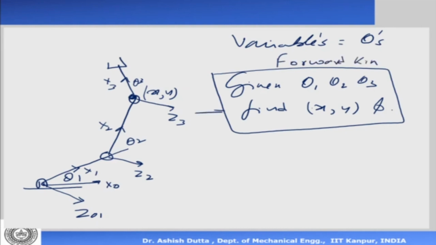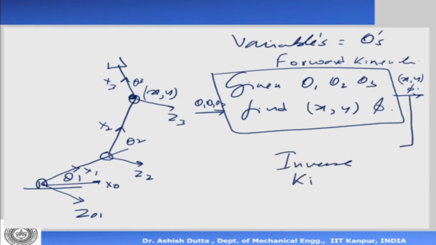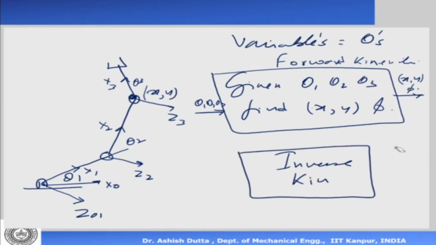So input to this can be theta 1, theta 2, theta 3, and the output of this is going to be the position xy and phi of the end effector. So this is what we call forward kinematics. Now inverse kinematics, the input is this one. So this is inverse kinematics, in which case the input is xy and phi, and the output is the thetas.